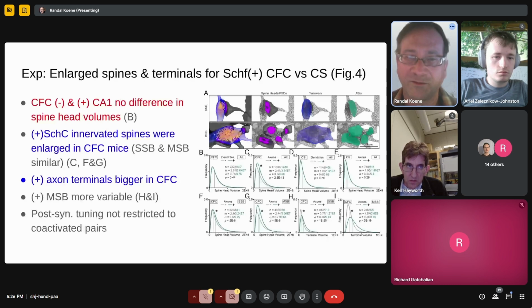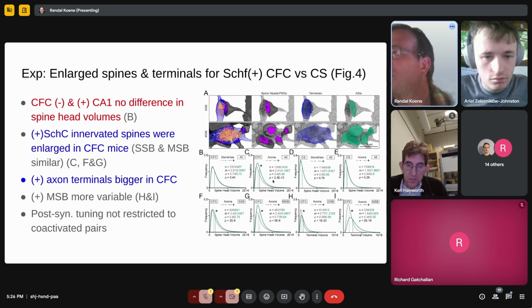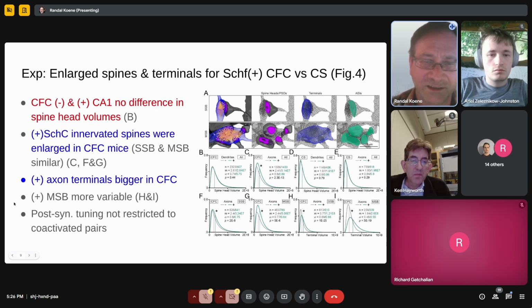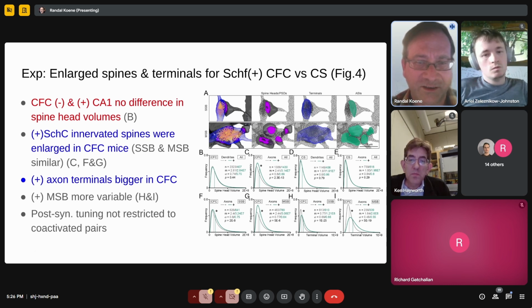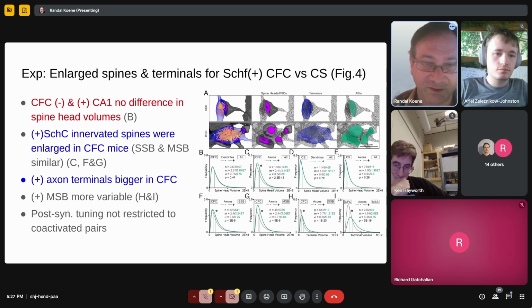And this is in figure 4C, which of course is too small to look at correctly right now, but you ought to be able to make that out. And it's supposedly statistically significant. The terminals of plus axons were also markedly bigger, and both of these results only apply to the CFC mice.